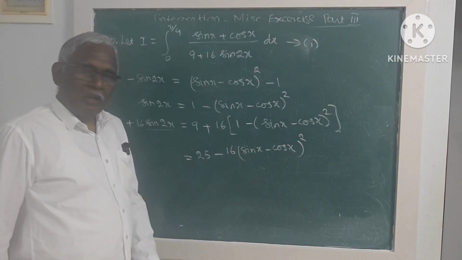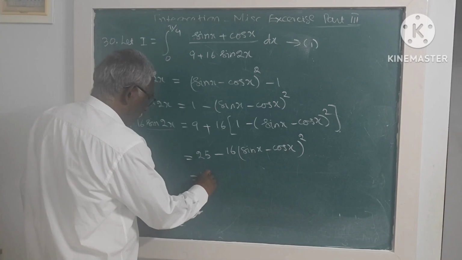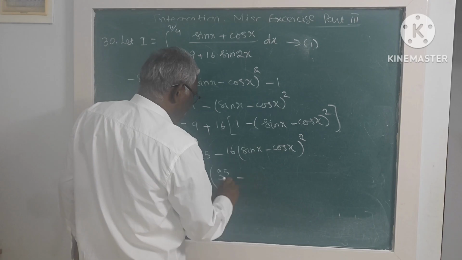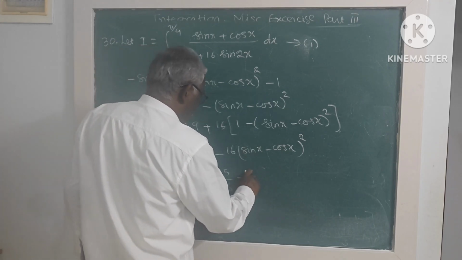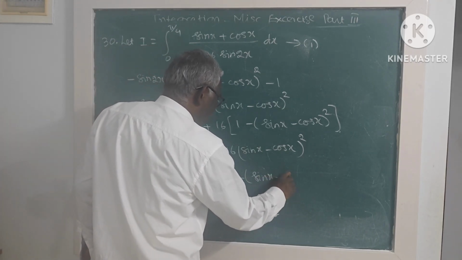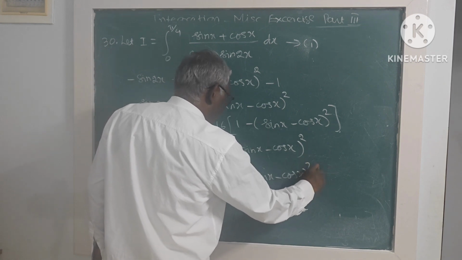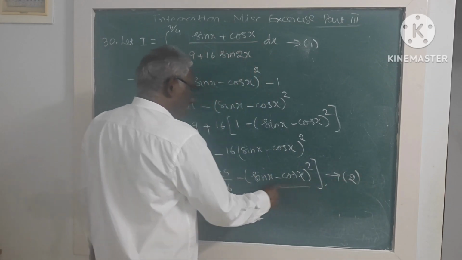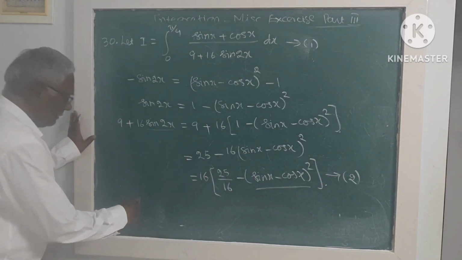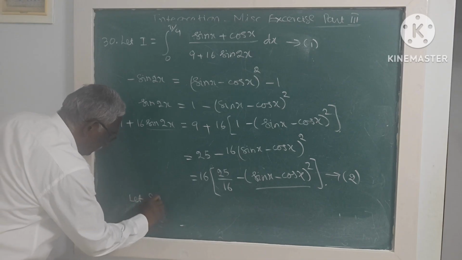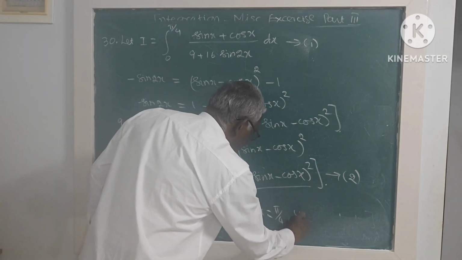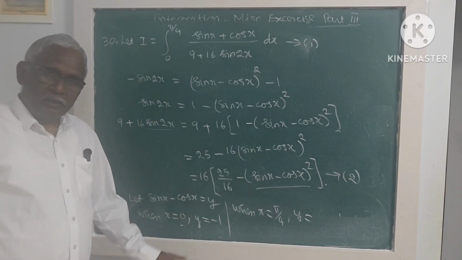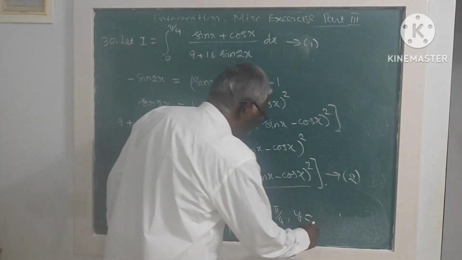And we can take 16 outside, then 25 by 16 minus sin x minus cos x whole square. We take sin x minus cos x as y. At x is 0, y is sin 45 degree minus cos 45 degree, 1 by root 2 minus 1 by root 2, which is 0.